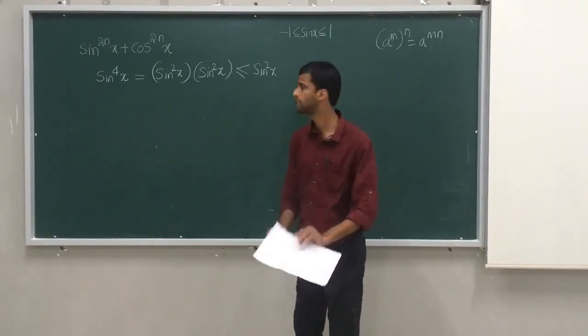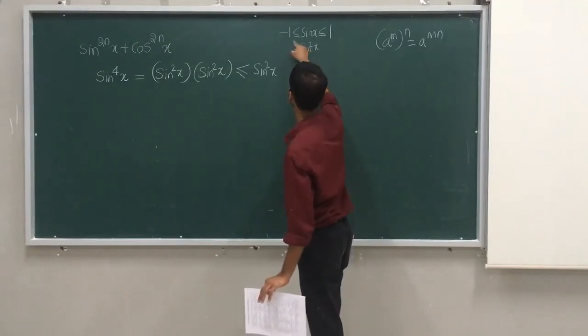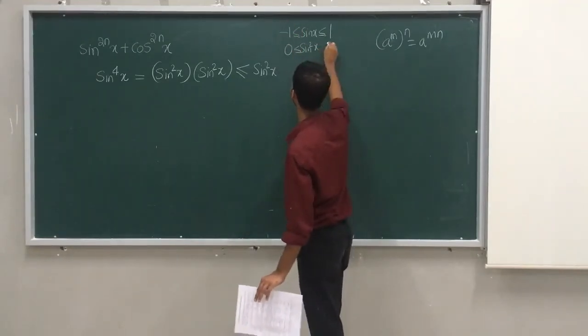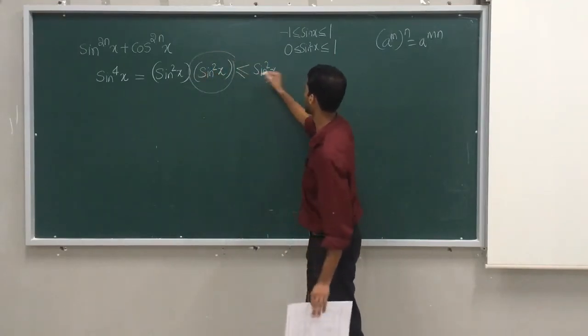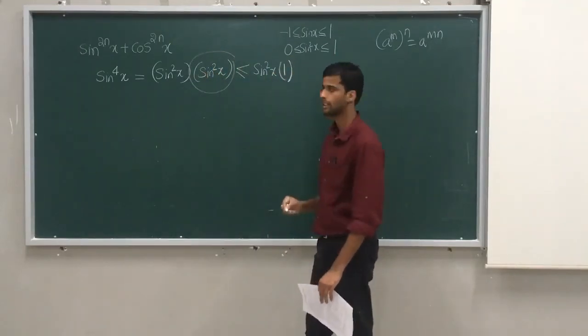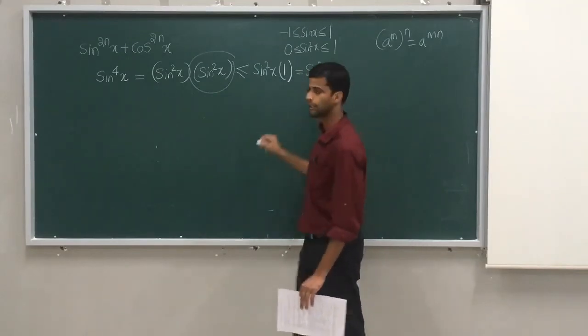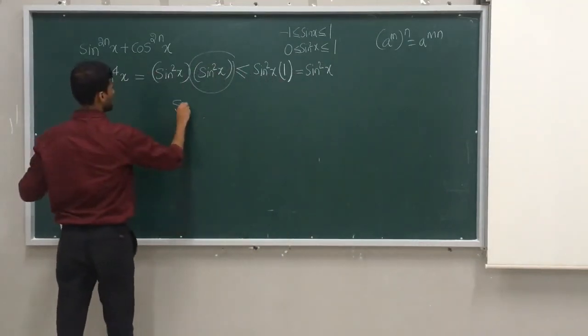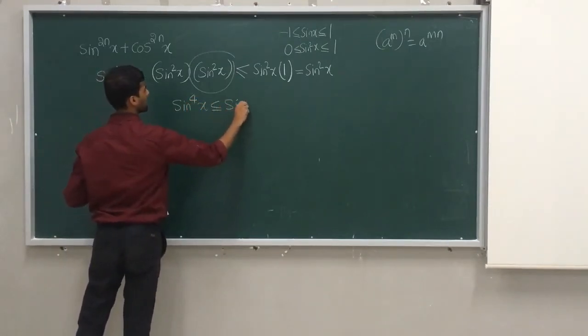But when you take the square of that number, it won't give this answer. It will give an answer between 0 and 1. Therefore, sin square x is less than or equal to 1. With this, sin raised to 4x is less than or equal to sin square x.